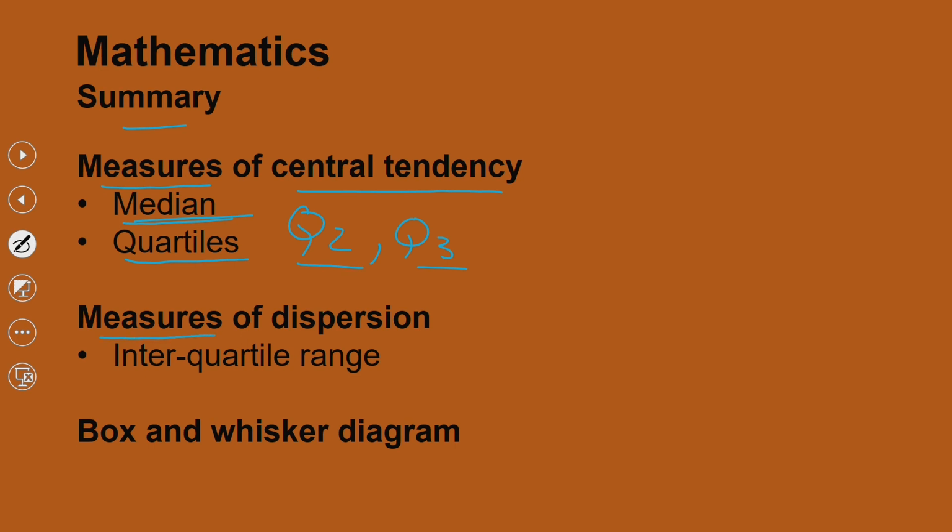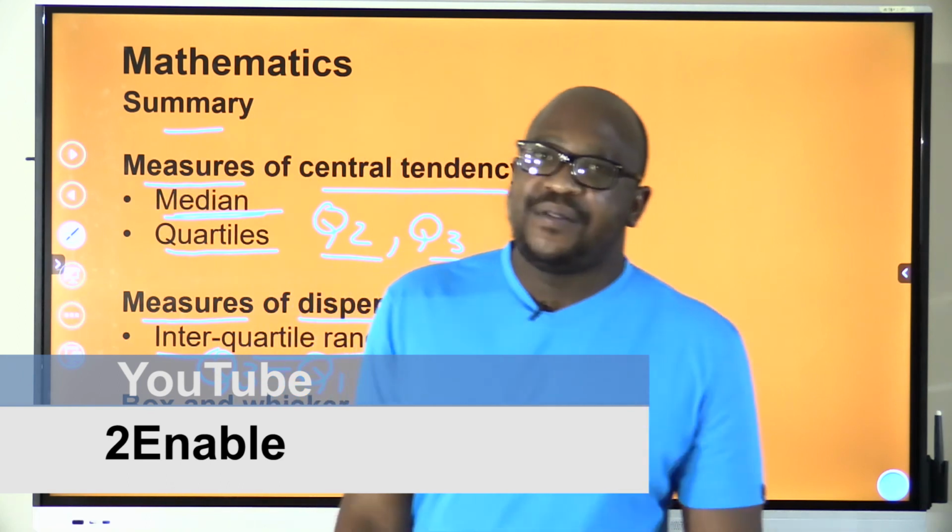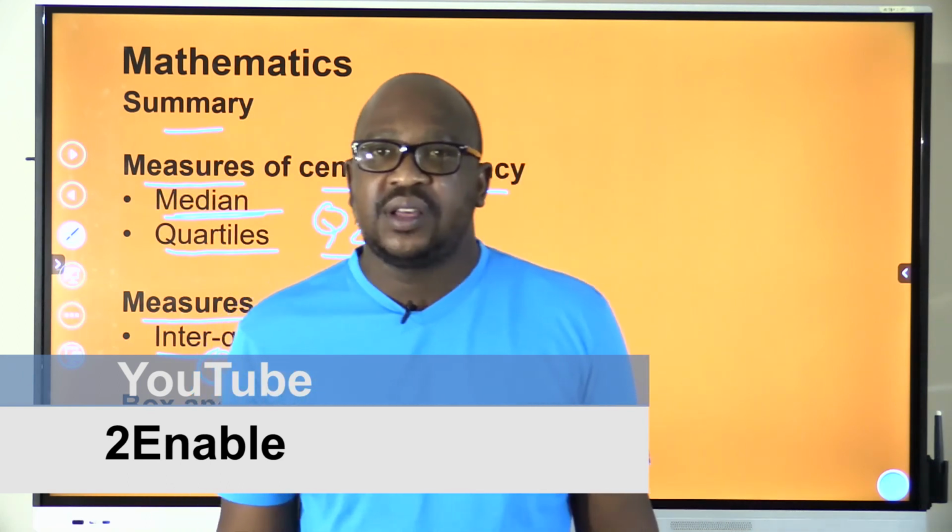Then we have measures of dispersion, which was your what? Interquartile range. And finally, we completed the whole thing with the box and whisker diagram. And very important, even the box and whisker diagram shows you the interquartile range, which we had calculated as Q3 minus Q1.